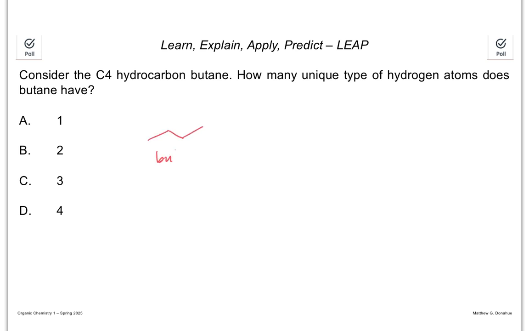So there's butane. We say it has 2 unique types of hydrogen atoms. So the primaries and then the secondaries. So in terms of accounting, there's 2 unique sets in the ratio of 6 to 4.